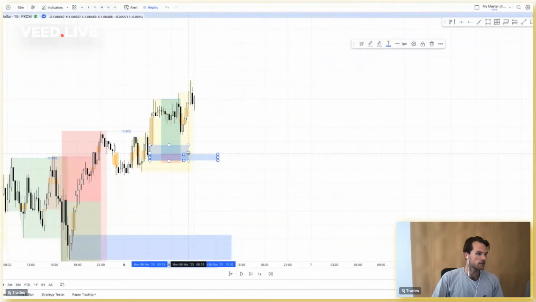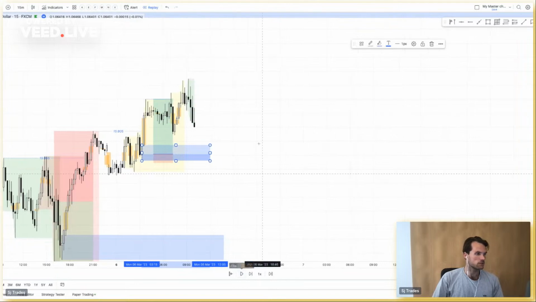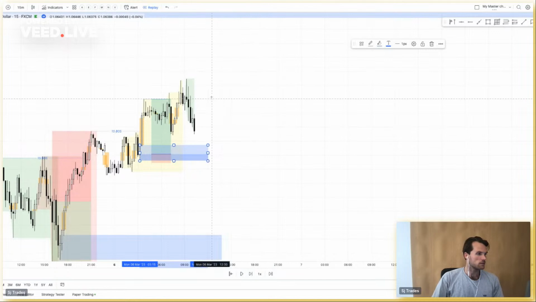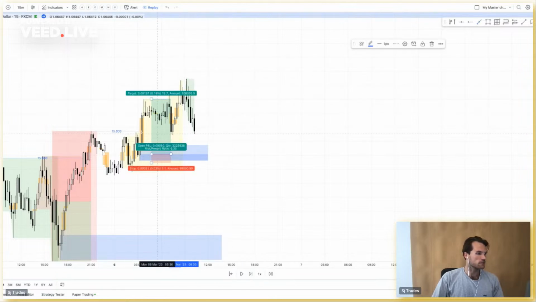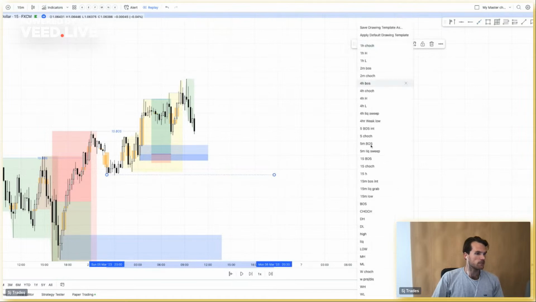Keep this on because we actually haven't broken structure yet. Yeah, okay, yeah. Sweep. It's all liquidity sweeps here. So this is still the last 15-minute low. Okay. That's it.